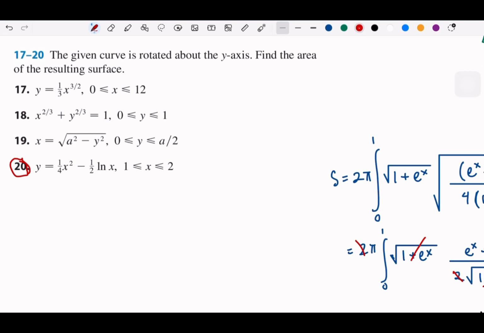Okay. Now we have another function. And again, I think it is safe to say that we have a quadratic and a logarithmic, but since they are in one combination, you can see that this is again between 1 and 2.